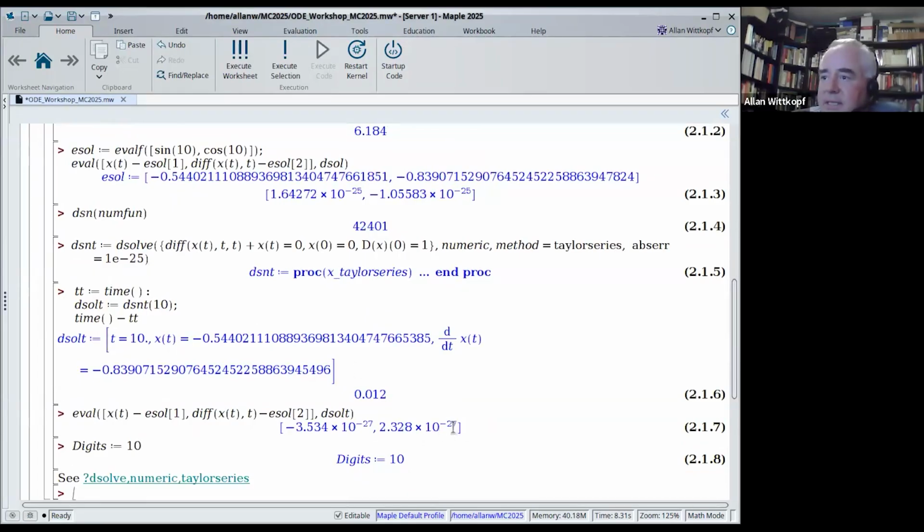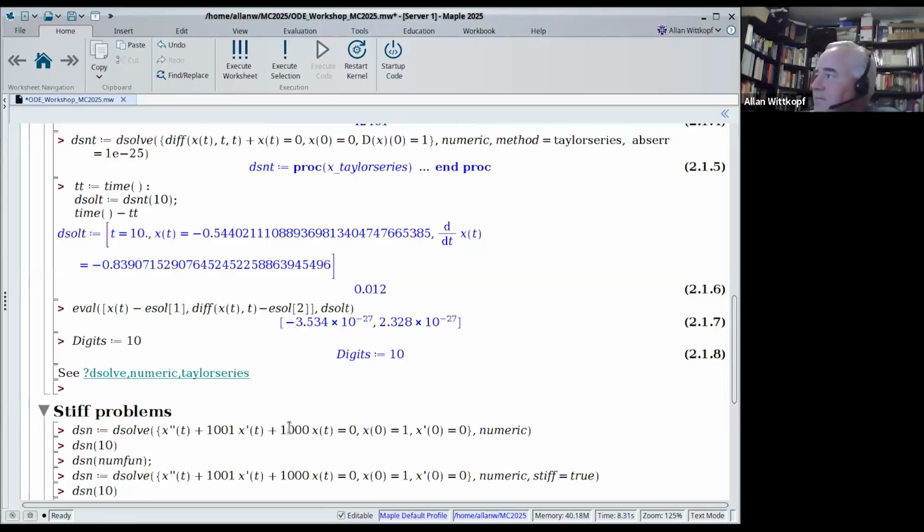In fact, in this case, a little bit better, but you've only specified a tolerance of 1e minus 25. So you can see the time difference is quite substantial. And Taylor series is what you want to use if you have high accuracy solution requirements.